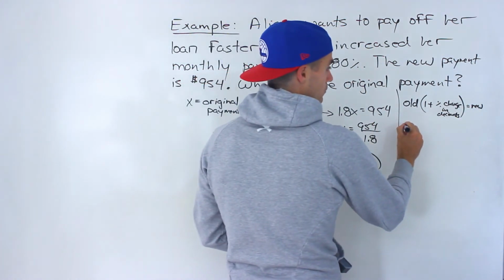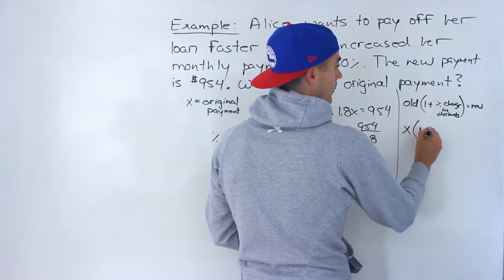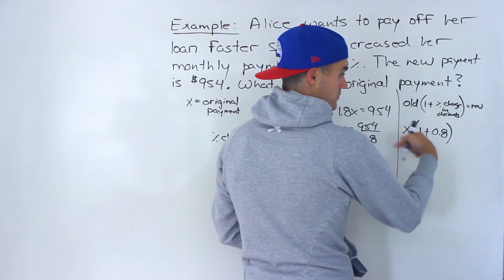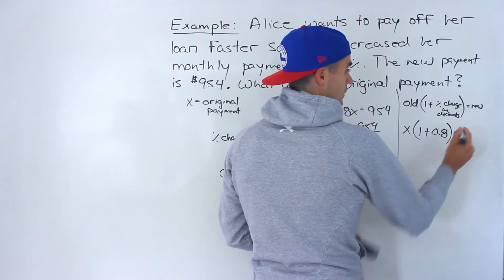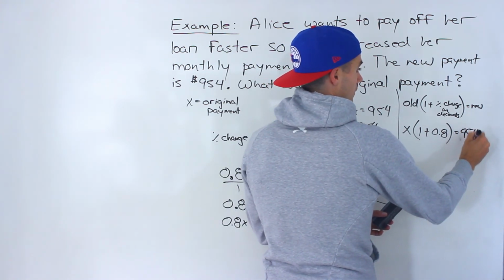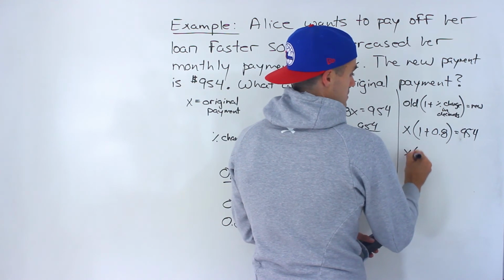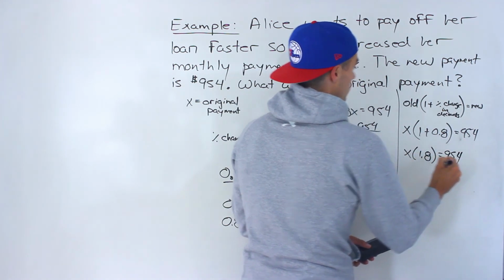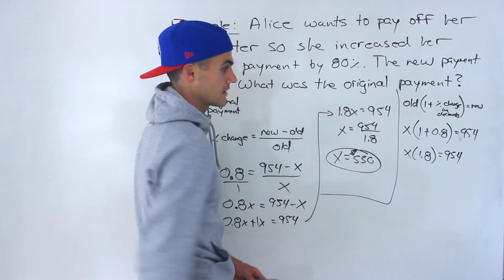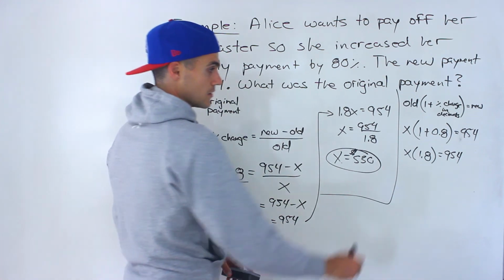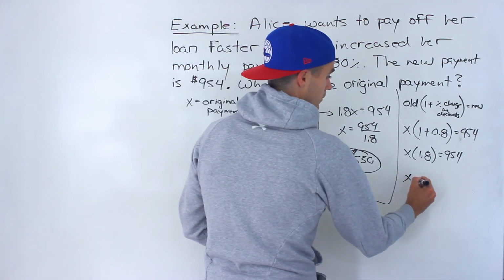So the old value, what we're solving for, x, 1 plus the percentage change in decimals, which is 0.8, and it's a positive because it's increasing, and then we'd have the new payment, which is 954, and then we'd have x times 1.8 equals 954, and then notice we would just end up at that spot right there. So we divide by 1.8, x would end up being 530 as well.